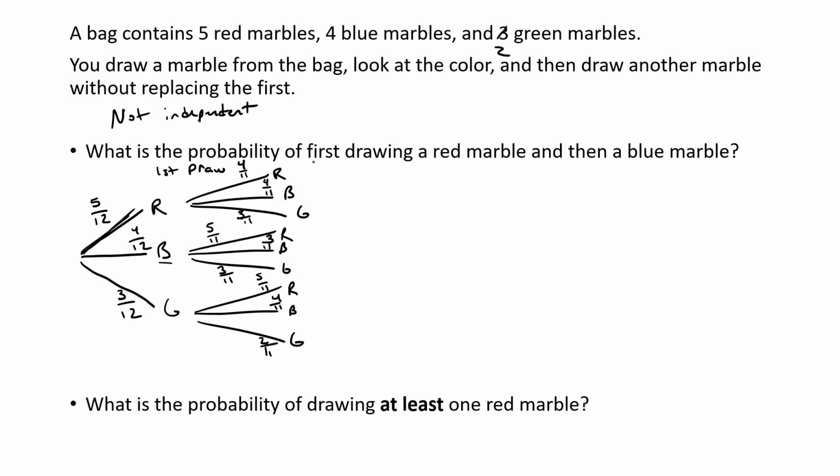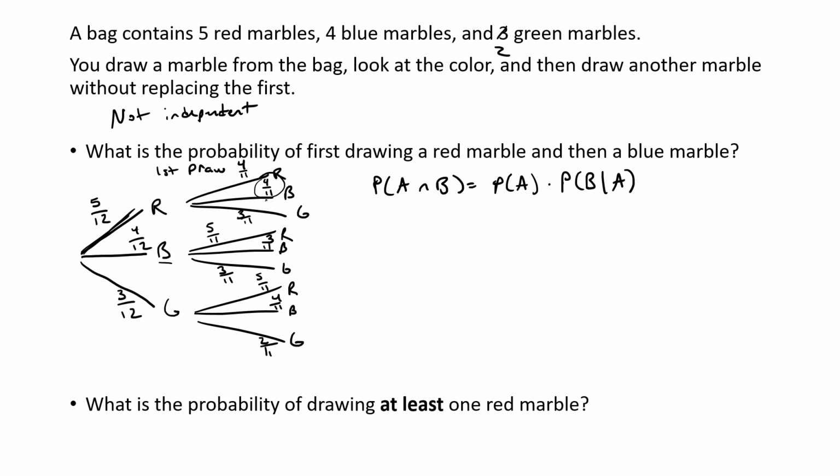What is the probability that you first draw a red marble and then a blue marble? Well, you would multiply down the branch. We said that the probability of A and B is the probability of A times the probability of B given A. The probability of blue given red is this 4 11ths.